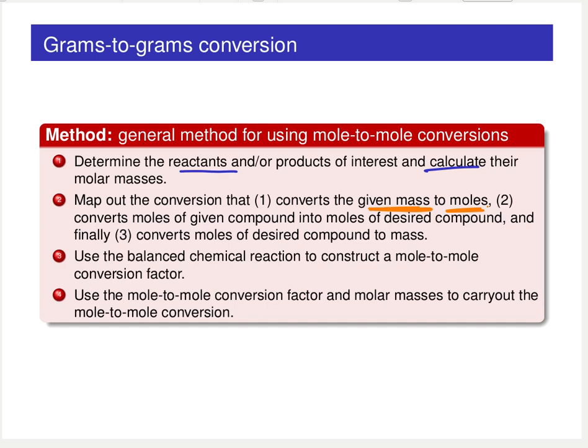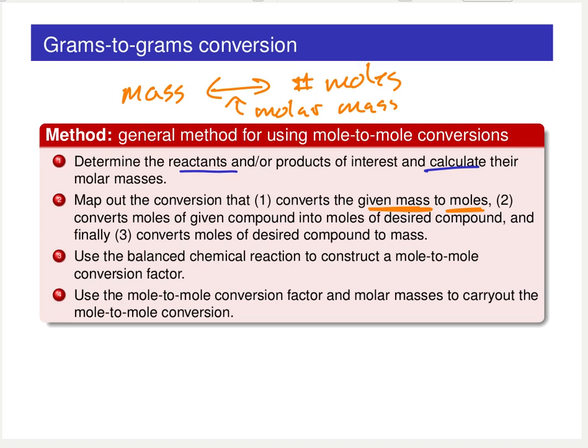If you want to convert between mass and the number of moles, then the molar mass will do just that. So you can take that given reactant or product, wherever you're starting, use the molar mass to convert that mass into moles, and then you're going to apply a mole-to-mole conversion factor and then convert the moles of the desired product back into mass.